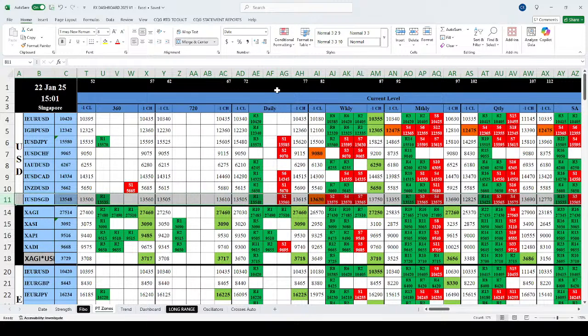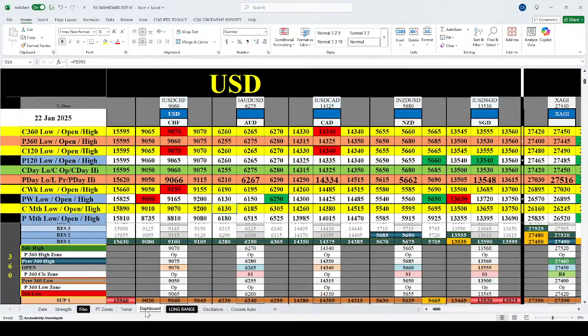Okay, this is for sell, cautious sell or sell and hold. So right now the market is trading at 35 half. So we are seeing on the PT zones, the weekly, this is all in a downtrend below 36.30. So we should be going for a sell and hold. Anywhere near 36.30, that would be a good level to go for a sell. So looking at this, your previous day high is 36.15.